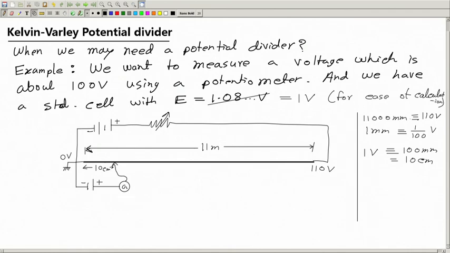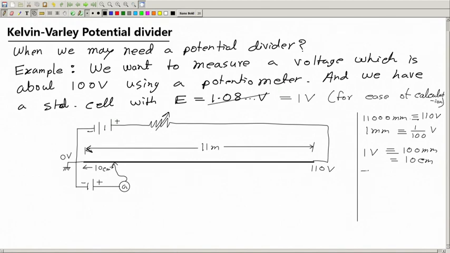Now, if we make a mistake, instead of setting it to 10 centimeter, say if we set it to 10 centimeter plus or minus 1 millimeter, that is a mistake.